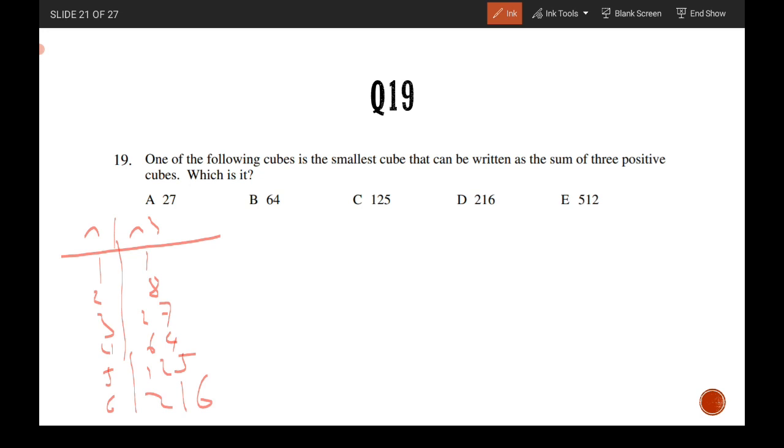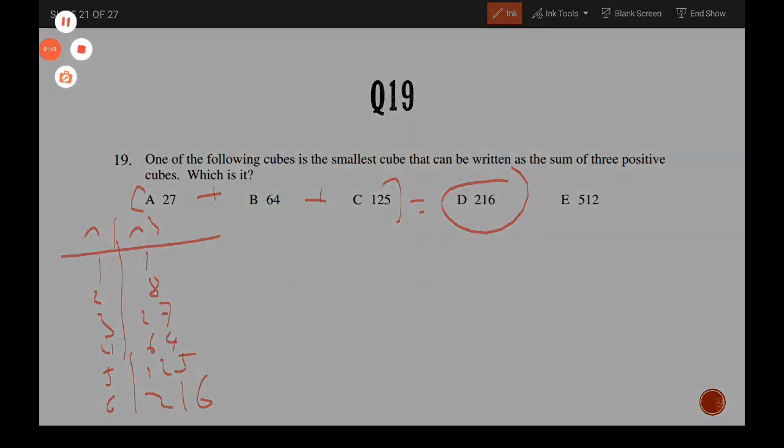I can see a solution for this one already hidden in the question almost. 3 cubed plus 4 cubed plus 5 cubed does equal 216, and that is the next cube that we can actually form. It doesn't matter how we form it in this case, it just can be formed, whereas the ones before it can't. So the answer is D.